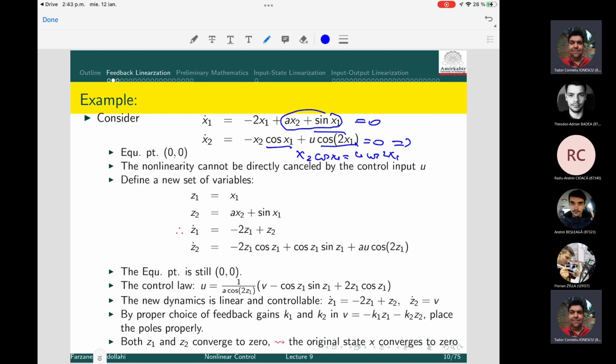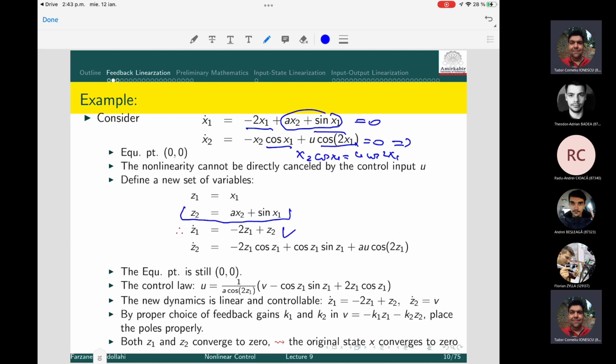Then z1 dot is minus 2z1 plus z2. How come? z1 dot is x1 dot, so it's minus 2z1 from this term plus z2. Look how we chose z2. Indeed, the first equation is right.